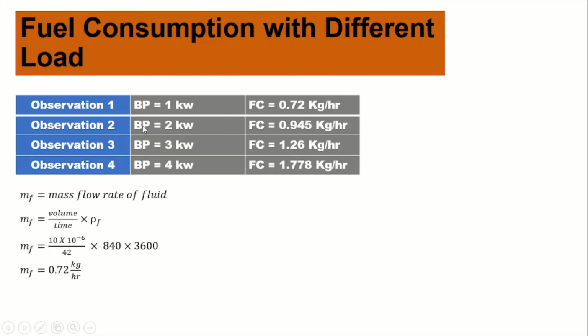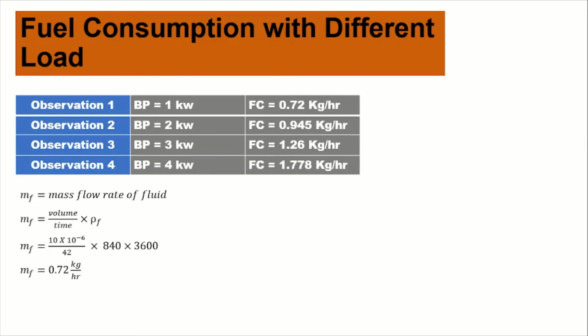For the second observation, at 2 kilowatt power, the fuel consumption increases to 0.945 kg per hour. For the third observation, at 3 kilowatt power, the fuel consumption is 1.226 kg per hour. And when we applied the 4 kilowatt load, the fuel consumption is 1.778 kg per hour.